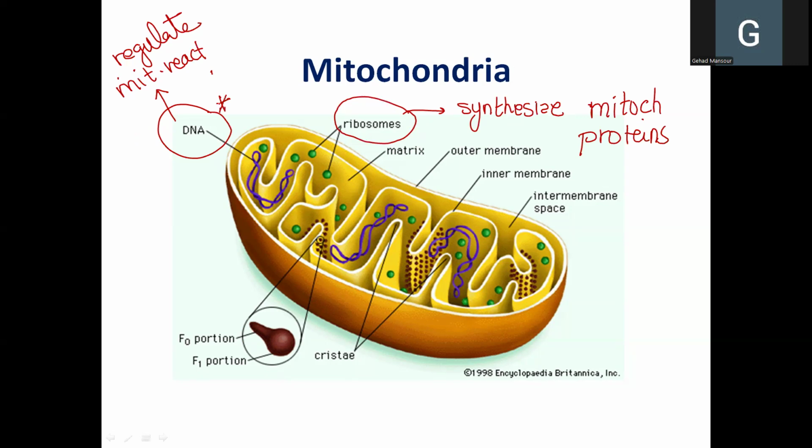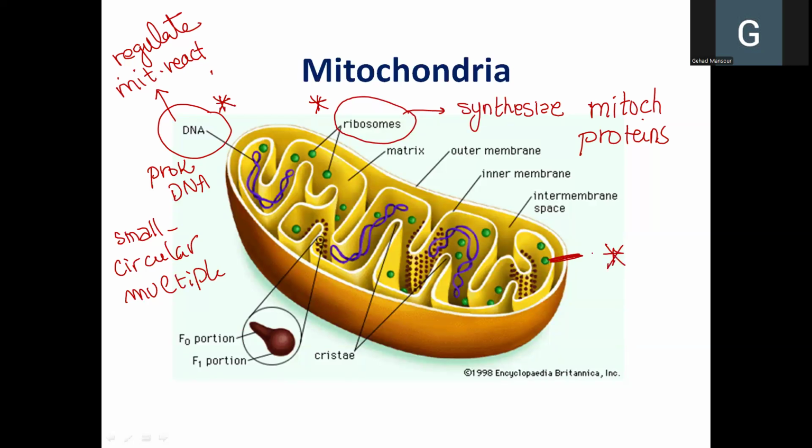The presence of their own DNA, which is very similar to prokaryotic DNA in the sense that it is small, circular, and multiple, and the fact that they have their own ribosomes, in addition to the presence of a double membrane. These three facts are three pieces of evidence to support the endosymbiotic theory.